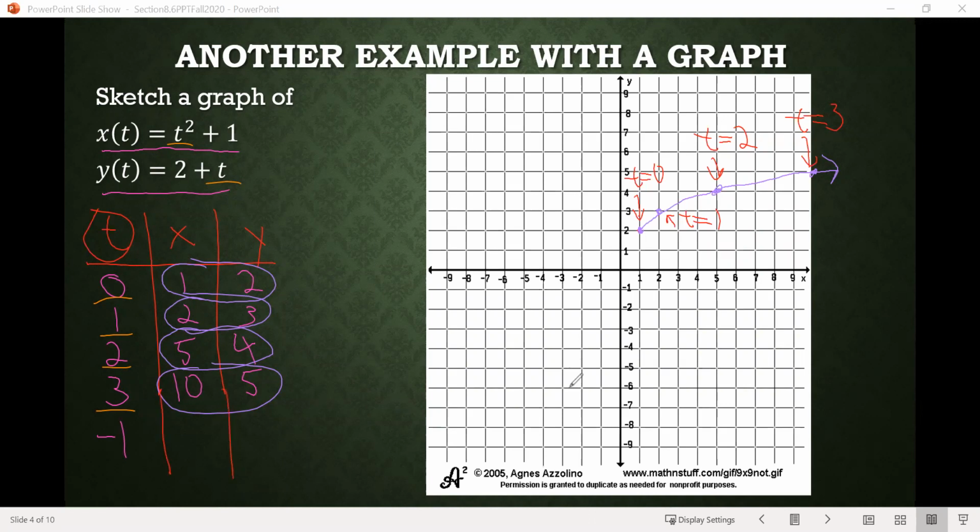And if we did that, for x, we would end up with 2. For y, we would end up with 1. And so we'd end up with another point over here. So 2, 1 like this. And actually, if we added some more points, we would end up with this shape on the other side. And so you can see that the graph of this parametric equation gives us kind of a parabola on its side sort of shape.